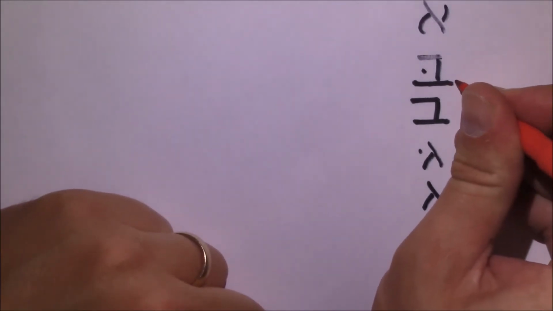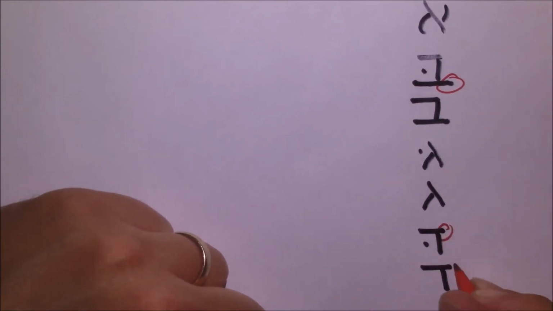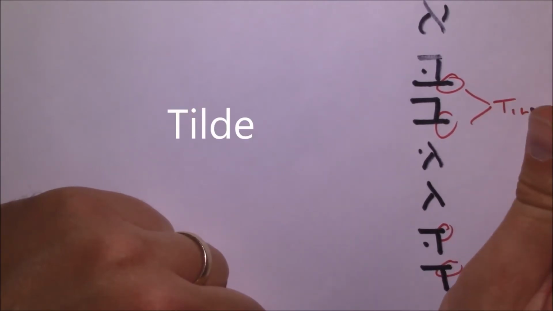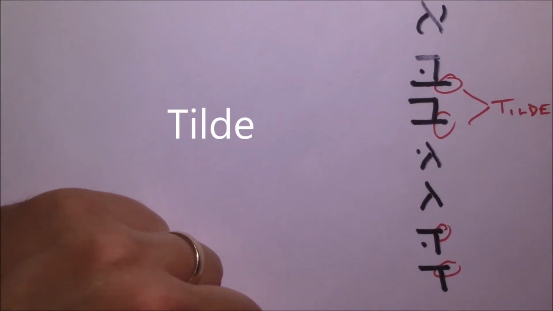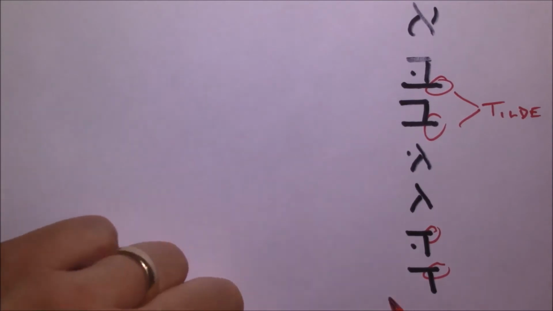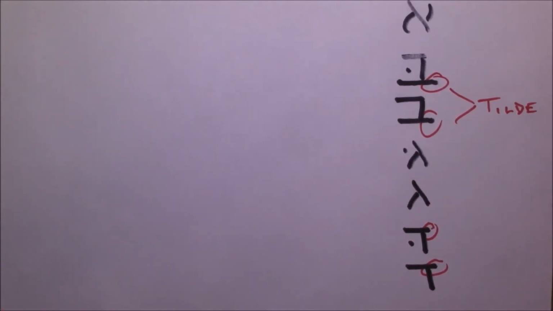One of the things that you may have noticed about a couple of these letters so far is that they have little lines that stick off to the sides. These are called tilde, or to use the old King James terminology, tittles. So not a jot or tittle, as our Lord talks about in the Gospel of Matthew. Well, this is what we're talking about.